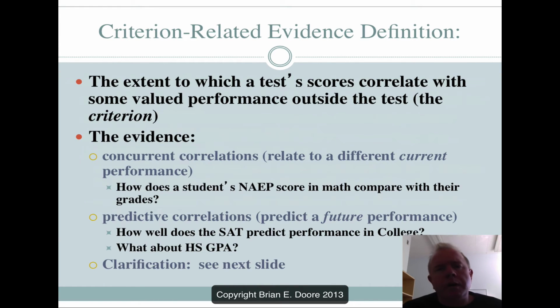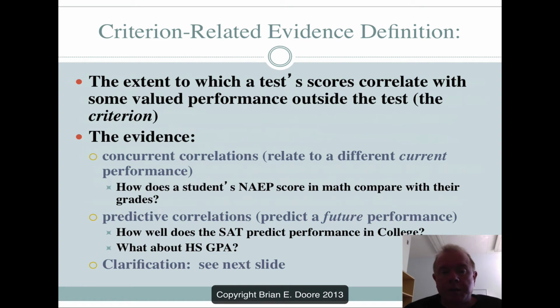So a definition is the extent to which test scores correlate with a valued performance outside the test. So there can be concurrent correlations. So how does the student's NAEP performance, which is the National Assessment of Educational Progress in math, compare with their grades? Or it could be a predictive correlation.